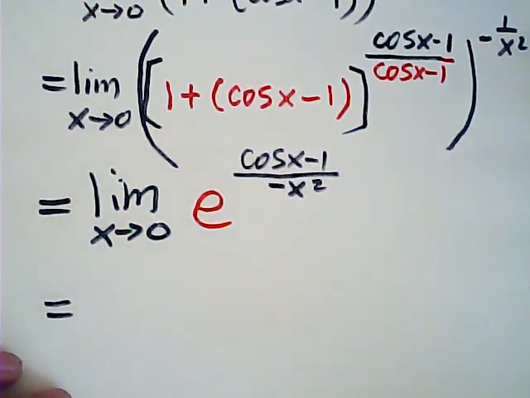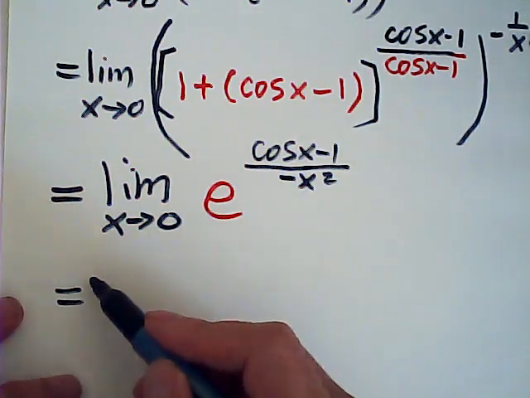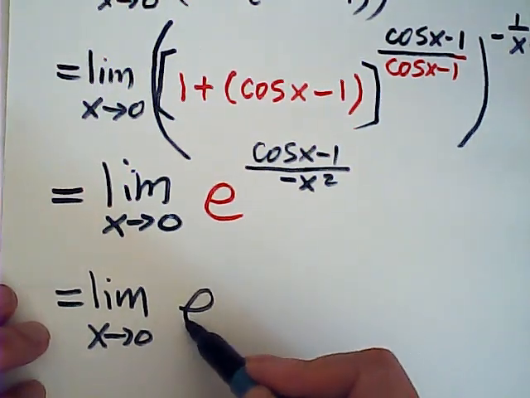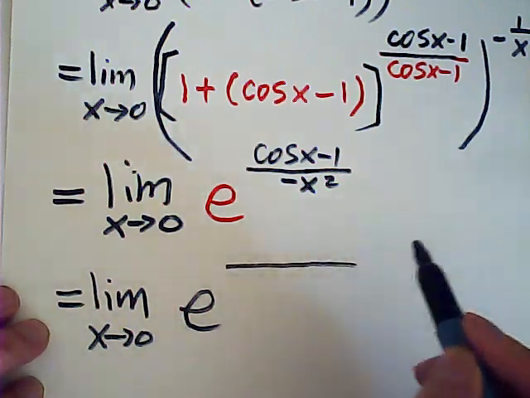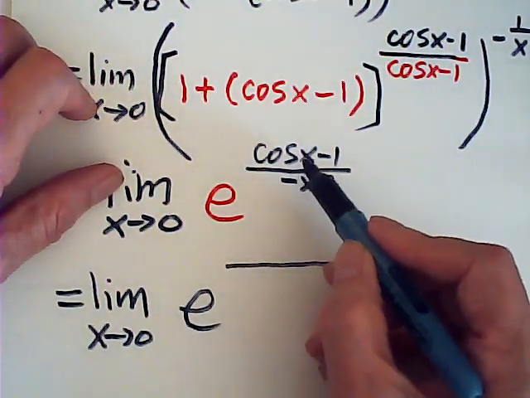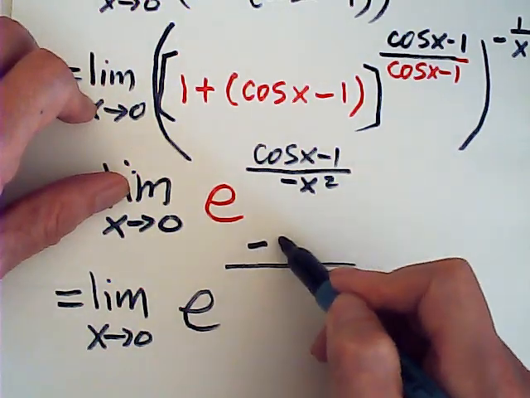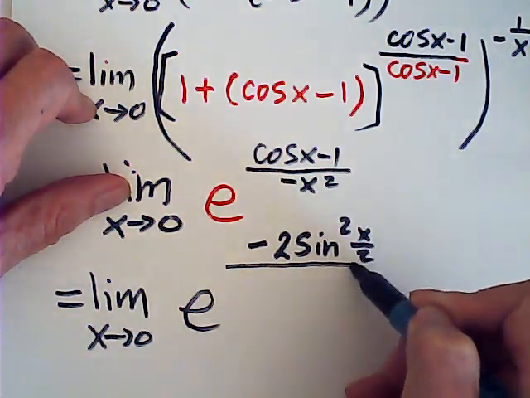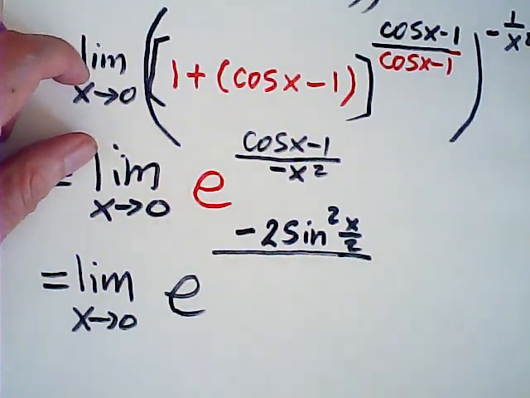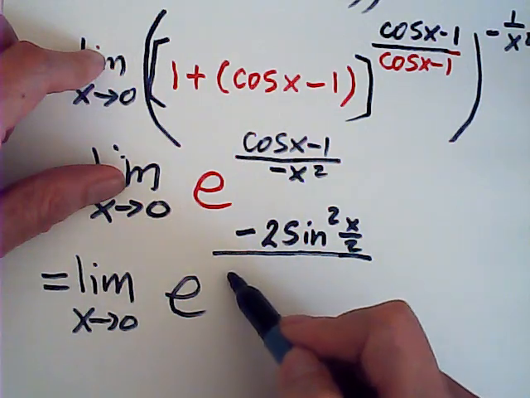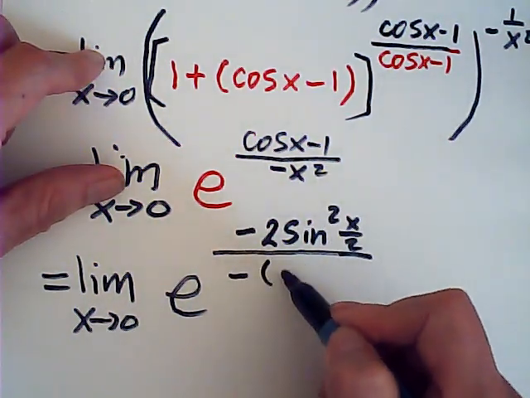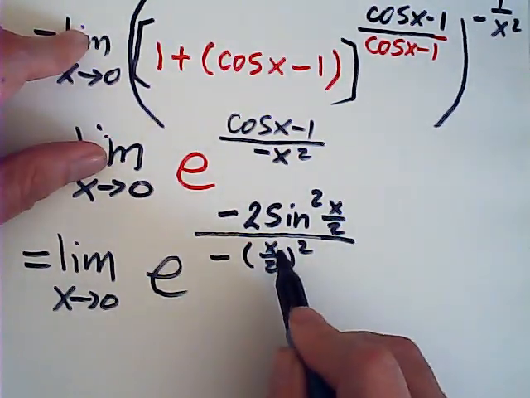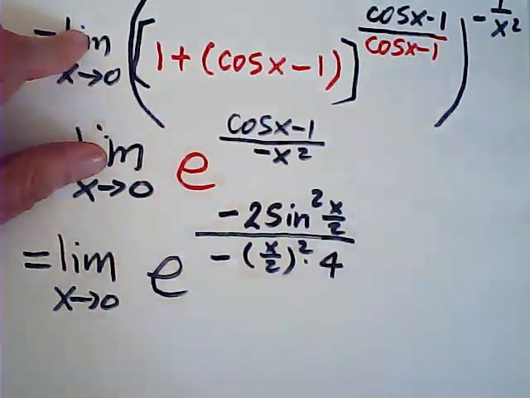This one is equal to the limit x goes to 0 of e to the power, cosine x minus 1 is negative 2 sine squared half x. Isn't it? Yes. And I want to create half x, this means half x squared, and this is x squared over 4. That times 4, right?